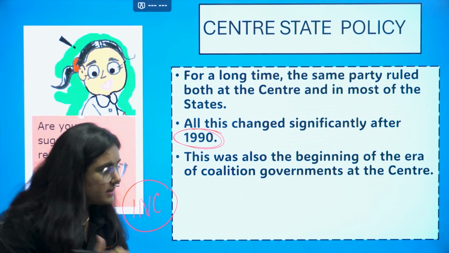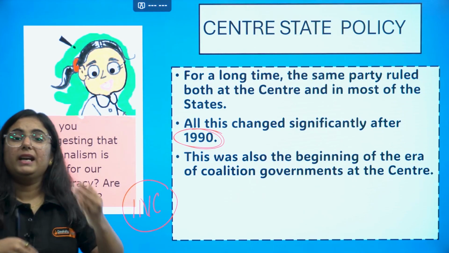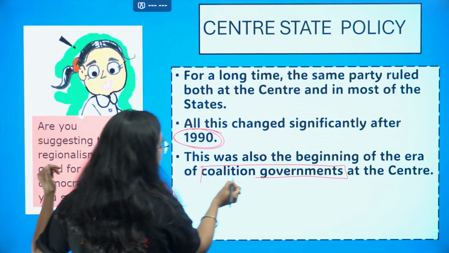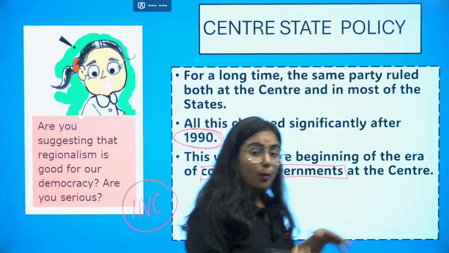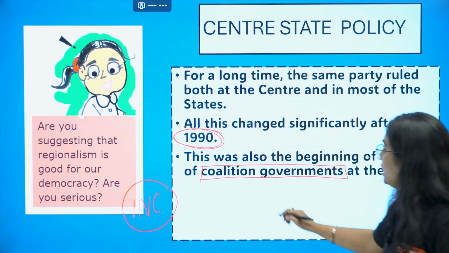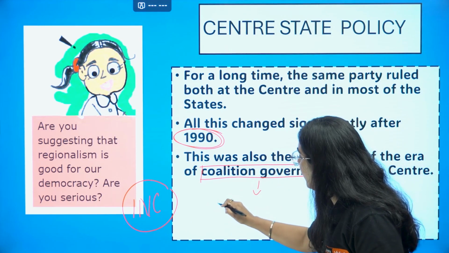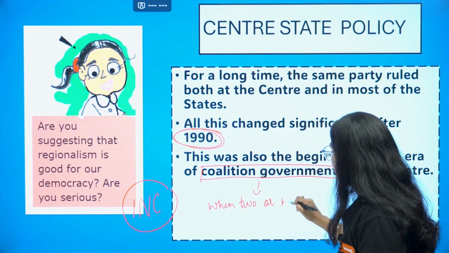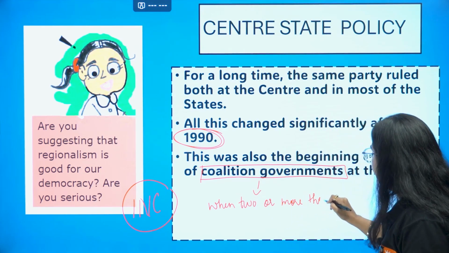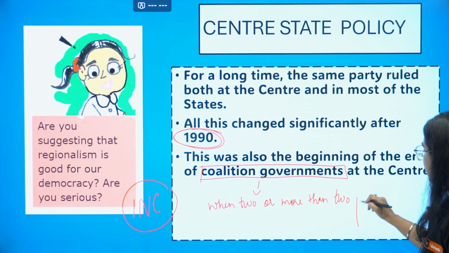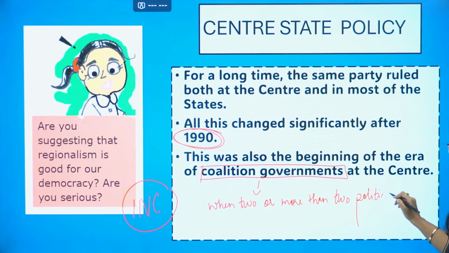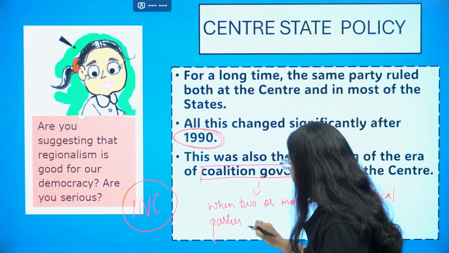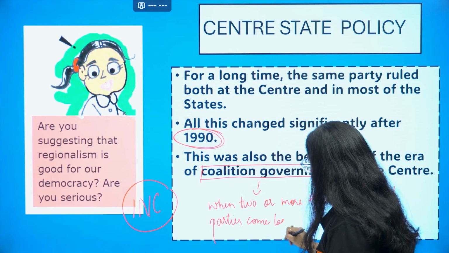As a result, we saw the beginning of an era known as the era of coalition government at the center. Now what is coalition government? Coalition government means that when two or more than two political parties come together to form a government.